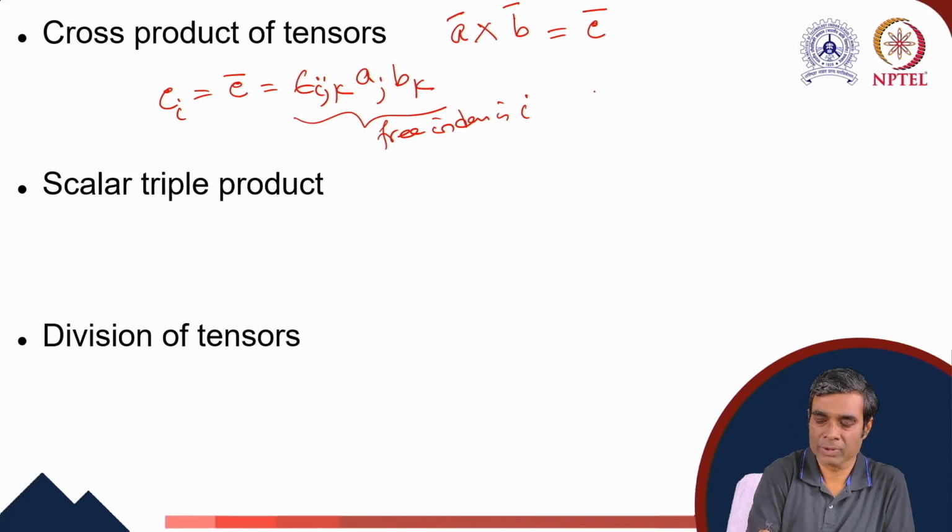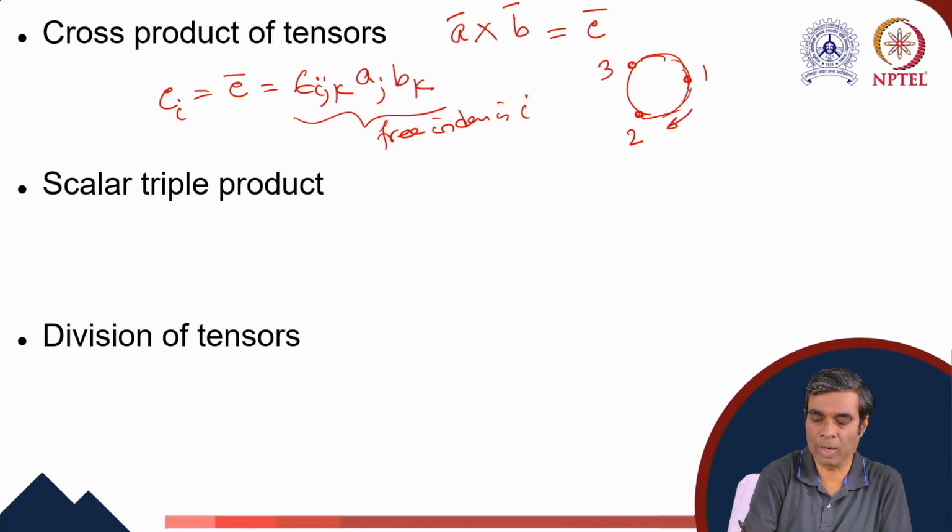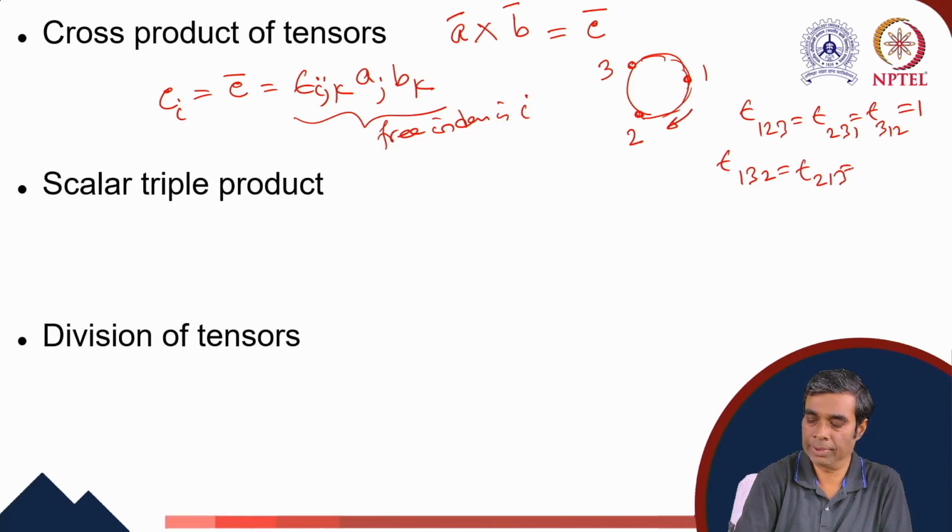So C bar equals epsilon_ijk a_j b_k, where epsilon is the alternating tensor operator. Epsilon has the values 1, -1 or 0 based on cyclic, anticyclic or acyclic arrangement of the indices 1, 2 and 3. So epsilon_123 equals epsilon_231 equals epsilon_312 equals 1, and epsilon_132 equals epsilon_213 equals epsilon_321 equals -1.